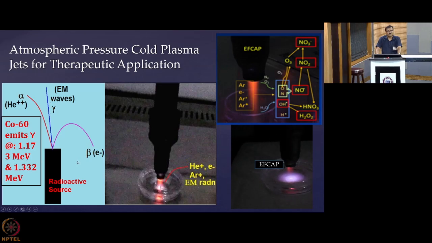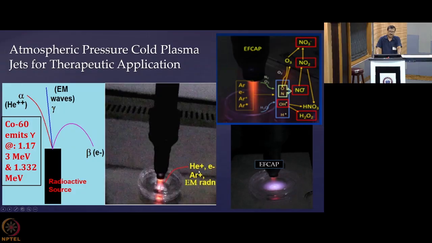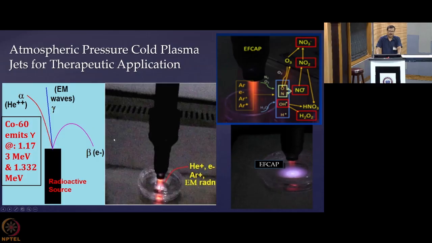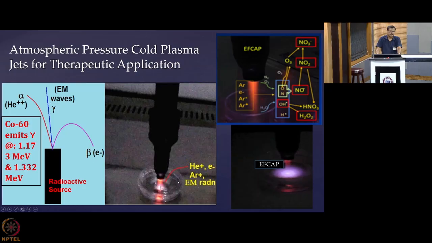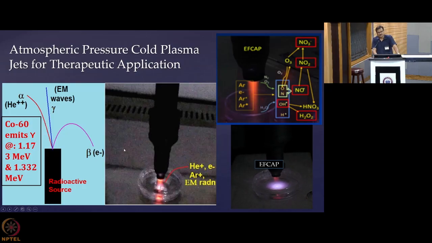So when you are generating, say, a helium discharge, you can easily produce the helium nuclei, electrons, and electromagnetic radiations. The helium ions are nothing but these alpha particles, and a range of electromagnetic waves can be generated from the plasma depending on the kind of medium that you are using there. And plasma means lots of electrons, so they are nothing but the beta particles.